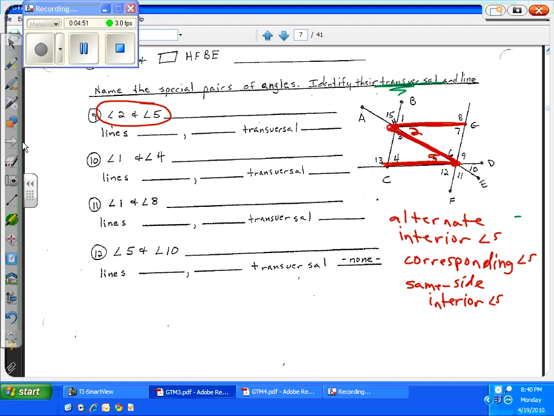And we put letter associations. We said alternate interior angles make a Z, corresponding angles make an F, and same side interior angles make a C.